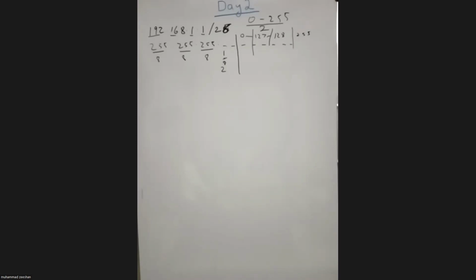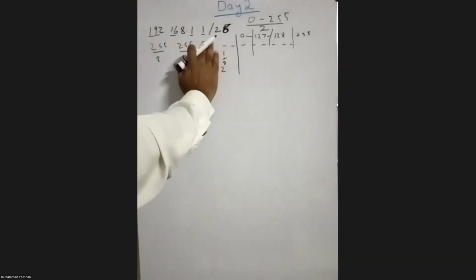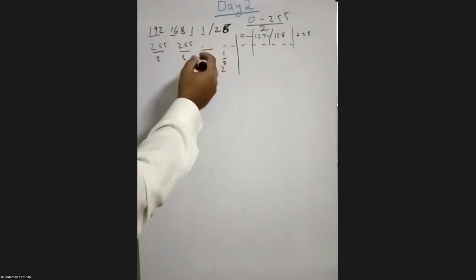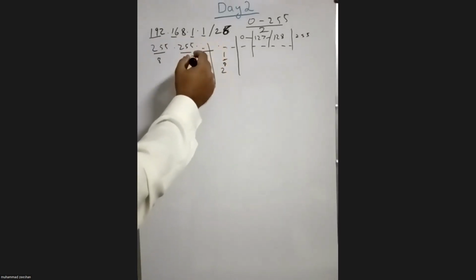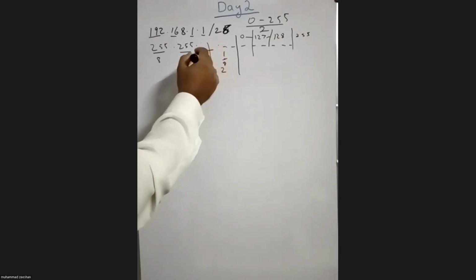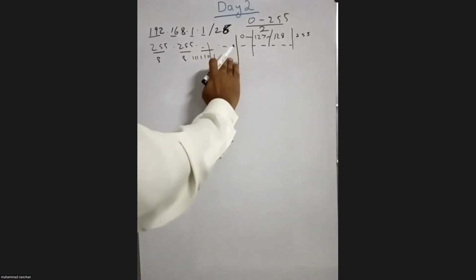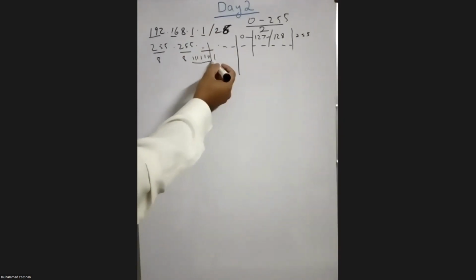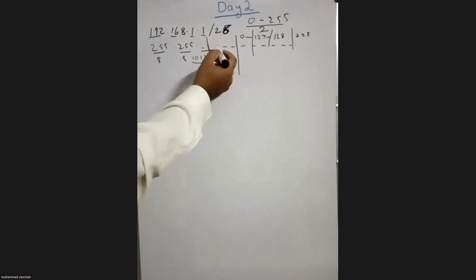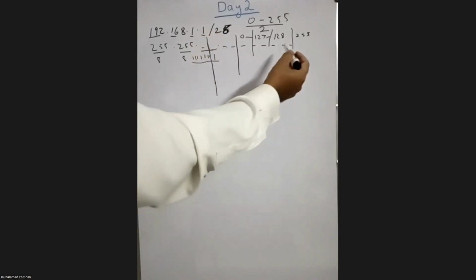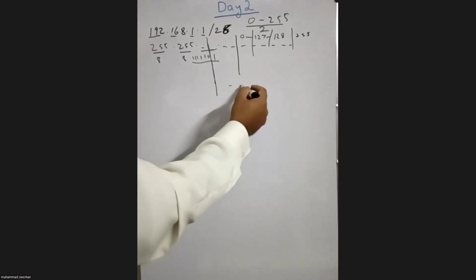Anyways, subnetting, then supernetting is what? From these octets, I will take 1, 2, 3, 4, 5, 6, 7, 8. So if I take 1 bit from this octet, this octet will become what? 9 bits.